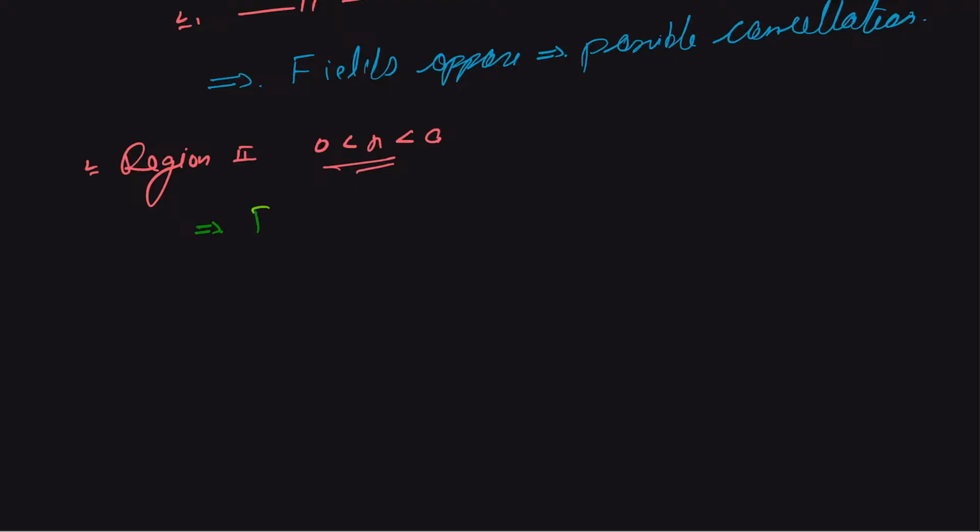Both fields point to the right, which is plus x unit vector, therefore no cancellation.